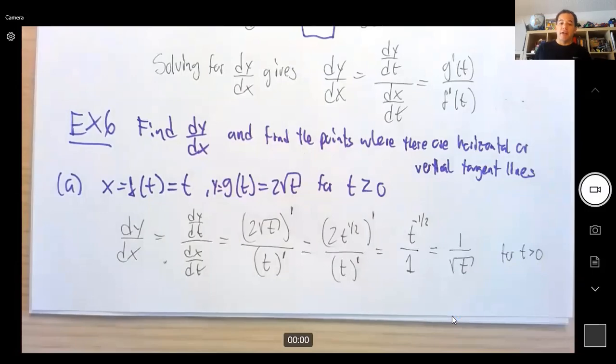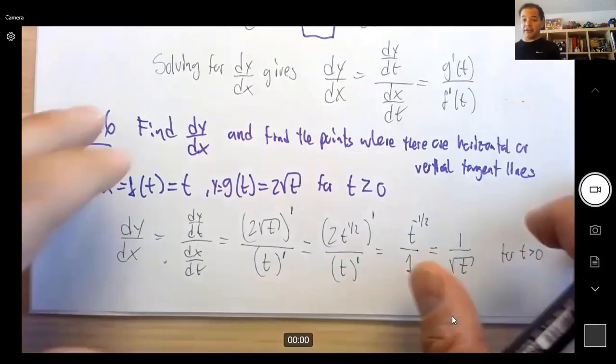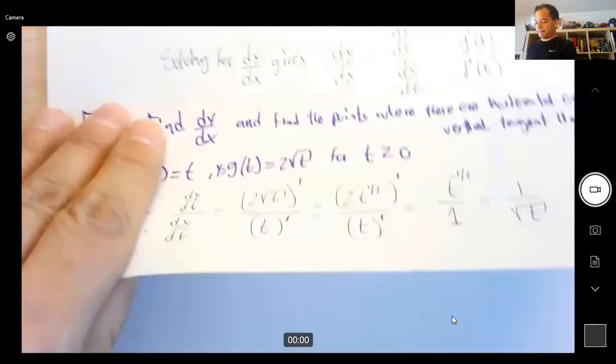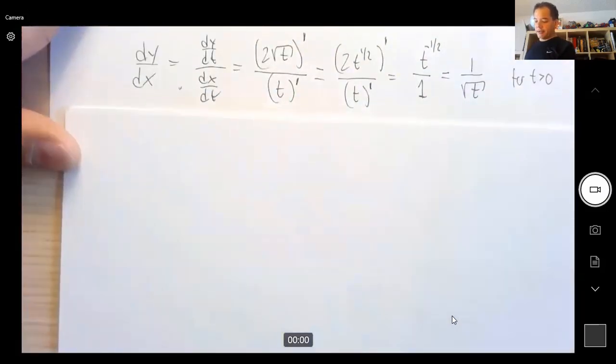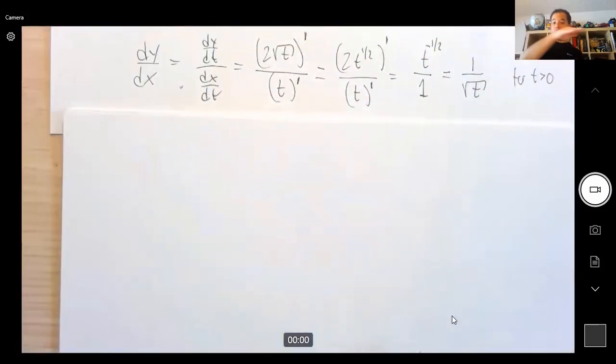We found the derivative. Now, how can we find horizontal tangent lines and how can we find vertical tangent lines? Well, horizontal tangent lines happen when the slope is 0. And vertical tangent lines happen when the lines are vertical, and vertical lines have no slope. The slope is infinity or negative infinity, it's undefined.